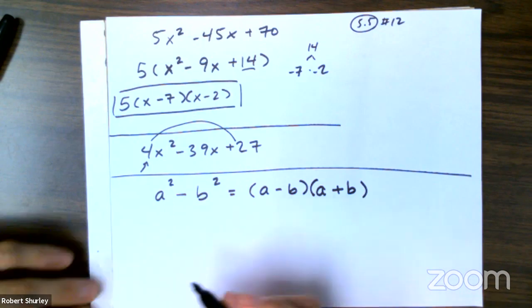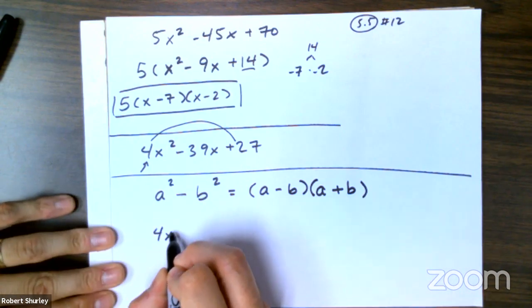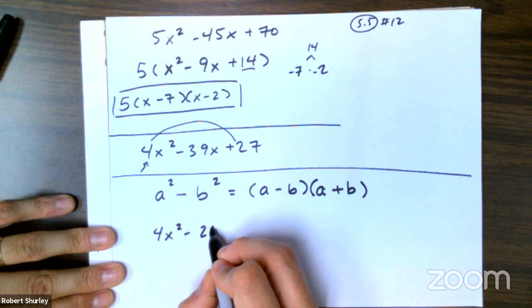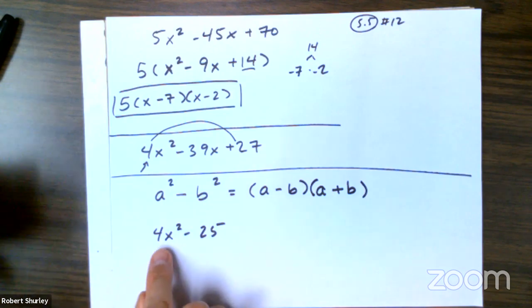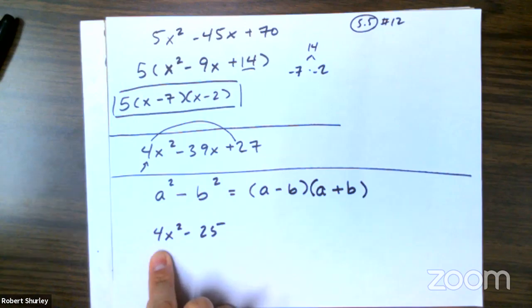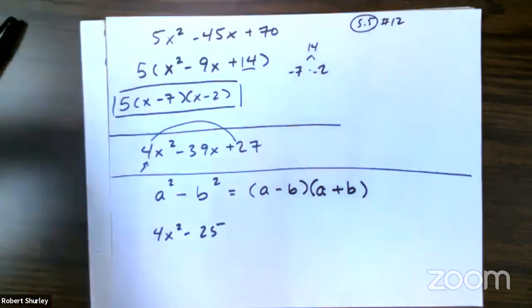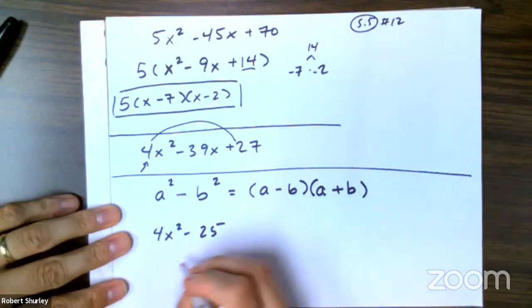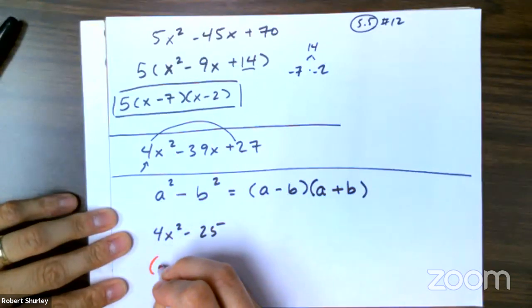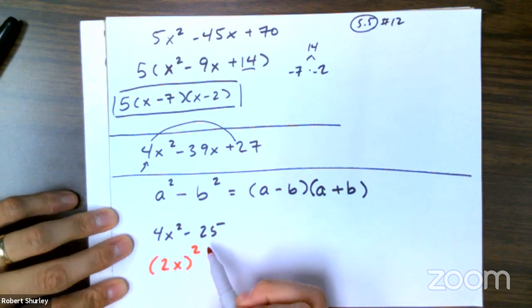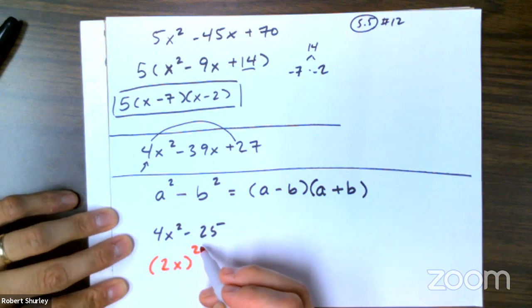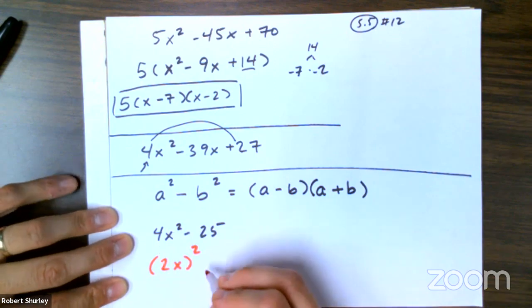I'll give you a very basic example here. We've got 4x squared minus 25. I'm going to think of both of these as something squared. If I rewrote these, I could think of this as 2x squared, because you square the 2, that gives you the 4, and you square the x, it gives you the x squared.